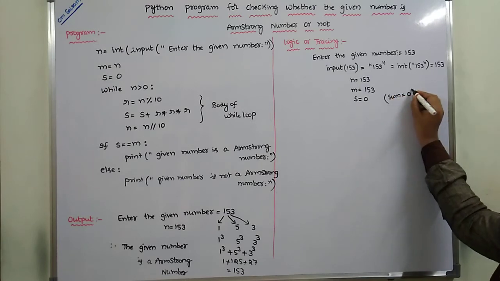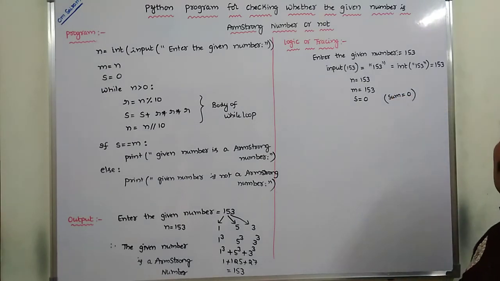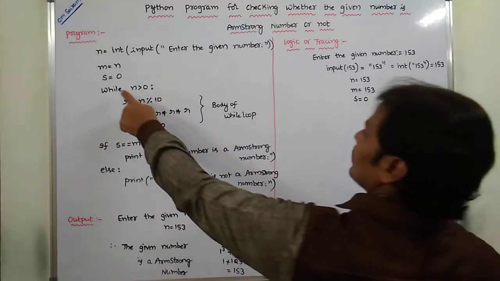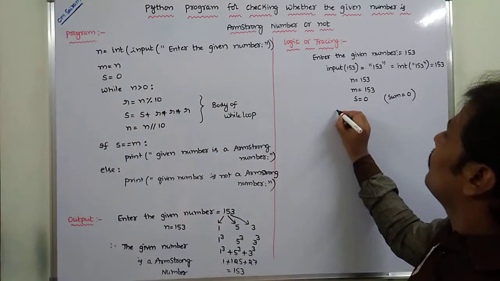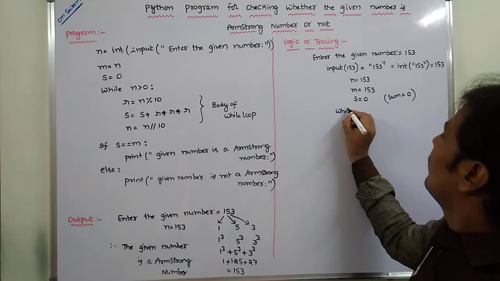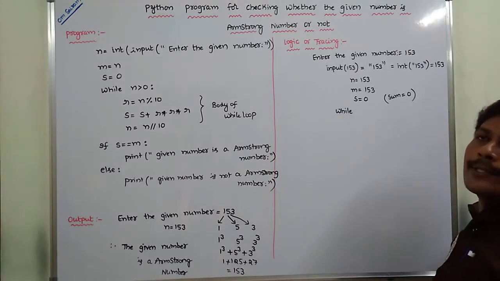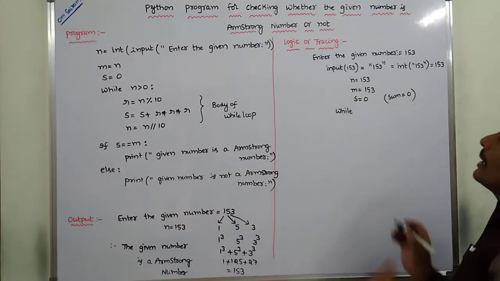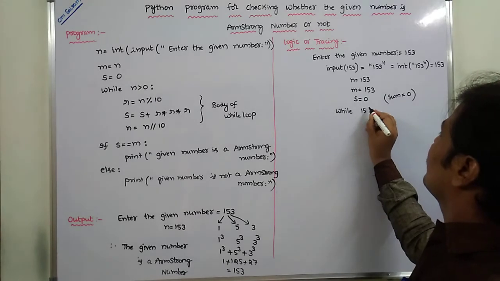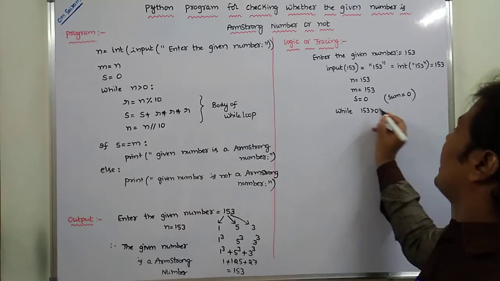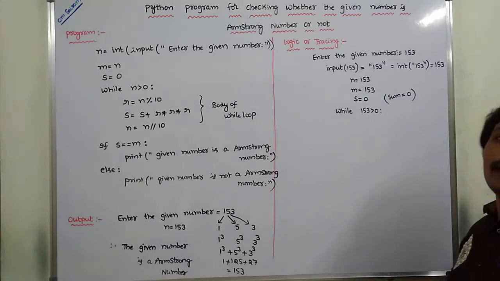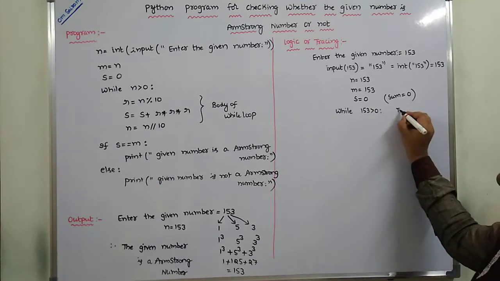We are initializing the variable s. S is nothing but sum. Okay. Next, go to the next statement. Here while loop. So while n greater than 0. What is the n value? That is 153. So 153 greater than 0. So the condition is true. 153 is always greater than 0.